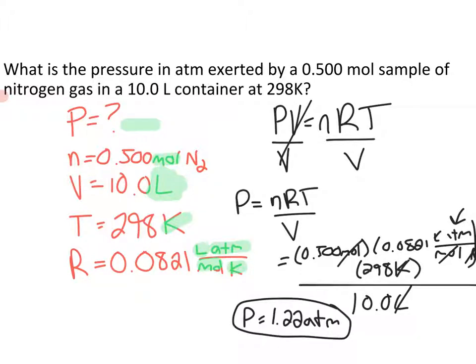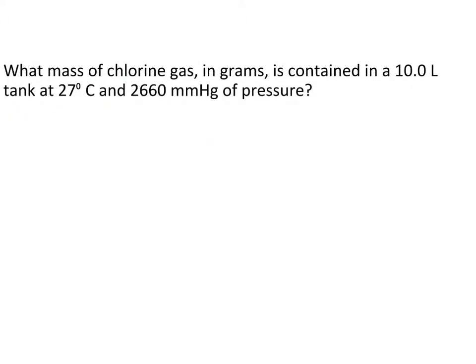So let's try one that's a little harder. Okay, so for this problem, it says, what mass of chlorine gas? So that's kind of n. So I know n is in moles, but n could also, if I find moles, be converted to grams. So if it ever asks for mass, I'm looking for n.